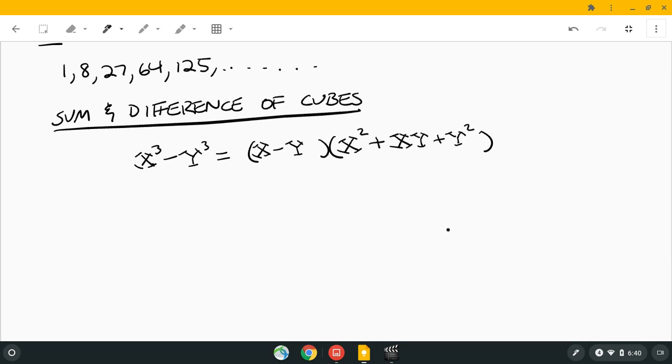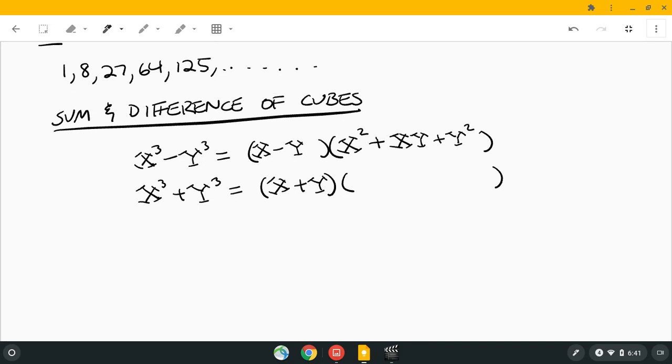Okay, and then for the sum of two cubes, very similar. You first identify what is being cubed. And then once you identify what's being cubed, you will have a binomial here. And then using your binomial, you can come up with your trinomial.